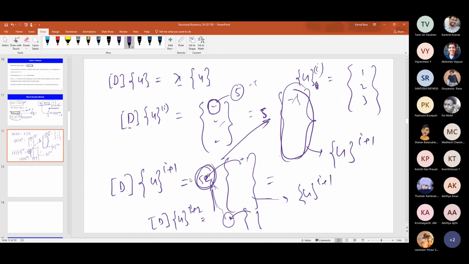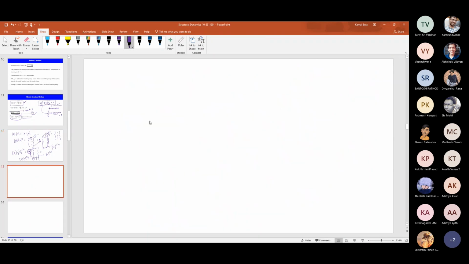So let us do the same example that you have done, and you will find that it is very simple. So what are the K and M matrices for that problem that we discussed last time for the Holzer method? I think I gave a problem like this, if I remember correctly.